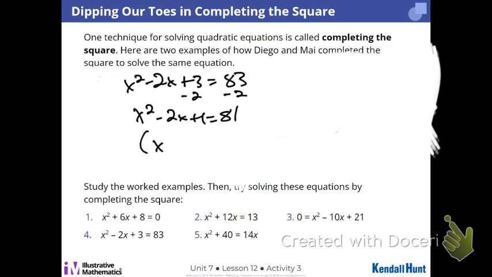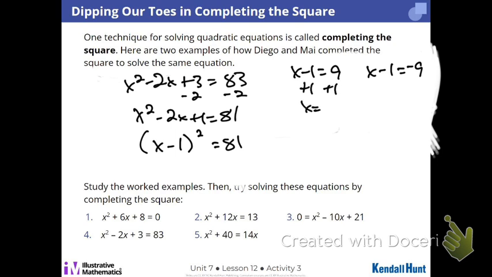And if I'm going to write it as a perfect square, x minus 1 squared. Multiplies to be 1, adds to be negative 2, check. So x minus 1 equals 9 and negative 9. So x is 10 and x is negative 8. Cool? Everybody seeing it? We're making it be that perfect square.